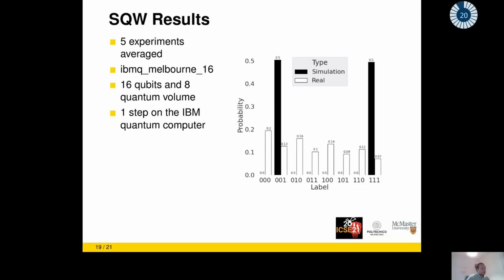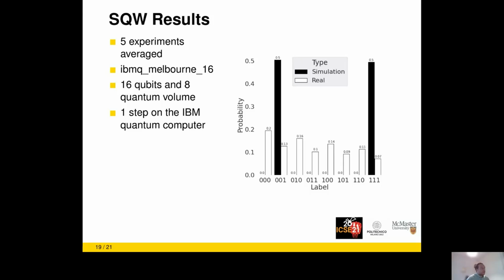And finally, we can talk about the results that we obtained. We performed 5 experiments, averaging our results. The image on the right is similar in structure to the one for the coin quantum walk and represents the results that we obtained.